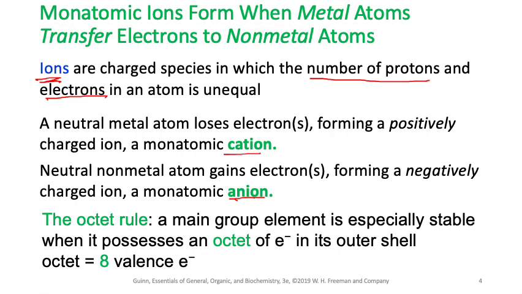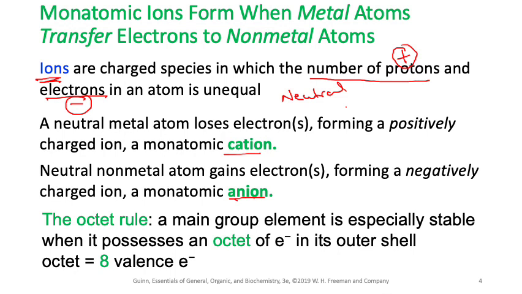A proton has a charge of +1, right? That we discussed in the previous chapter. An electron has a charge of -1. A neutral atom always has the same number of positive charges as negative charges, so they cancel each other out.